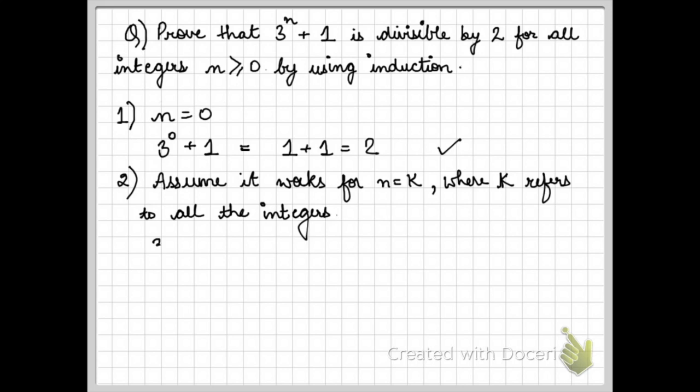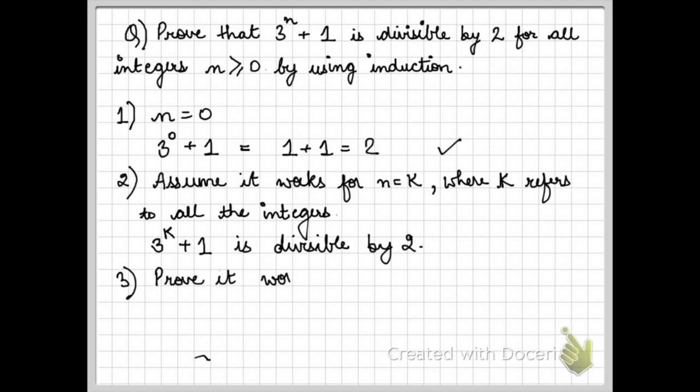So 3 to the power of k plus 1 is divisible by 2. And now step number 3 is that we have to prove it works for n equals k plus 1.